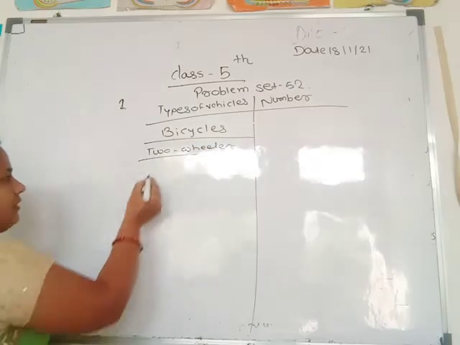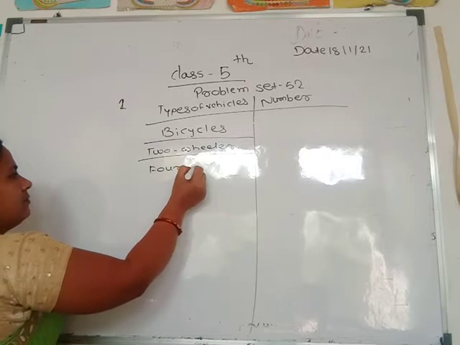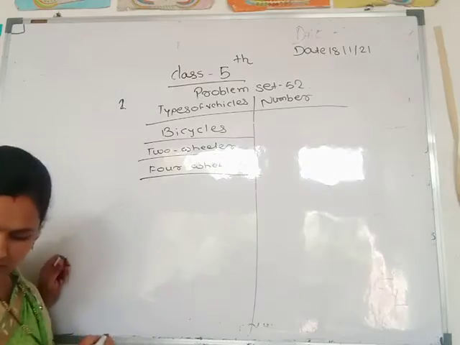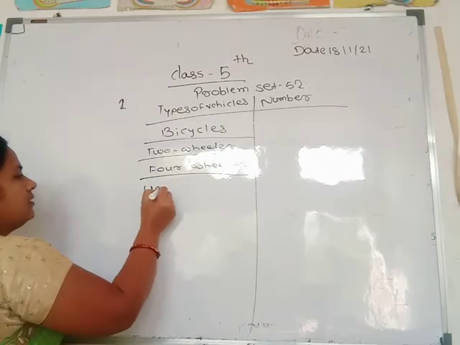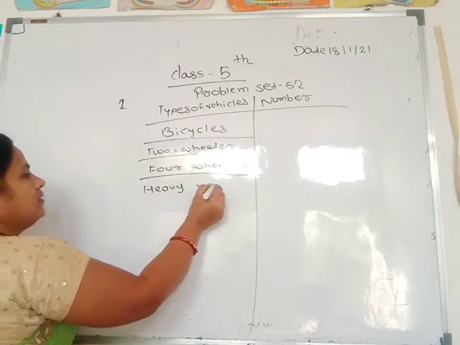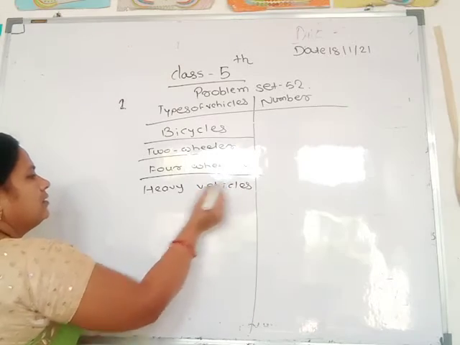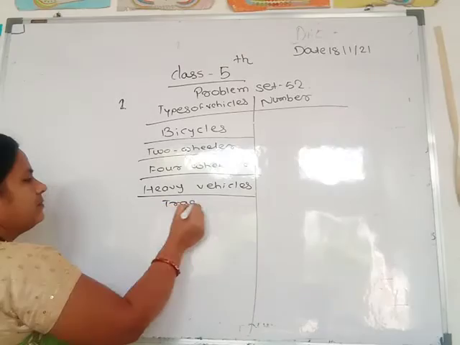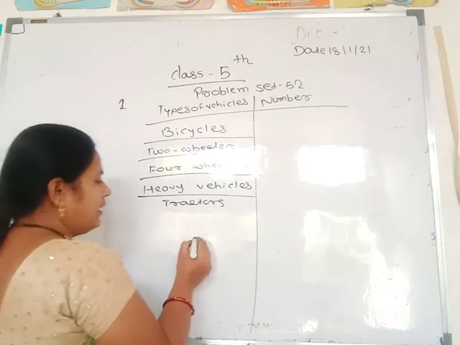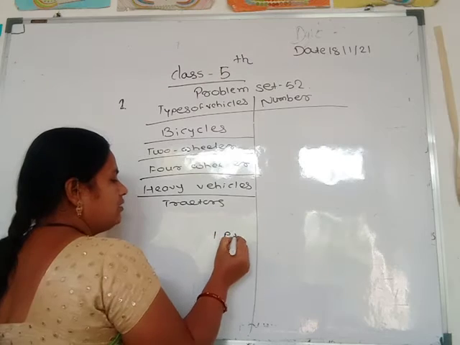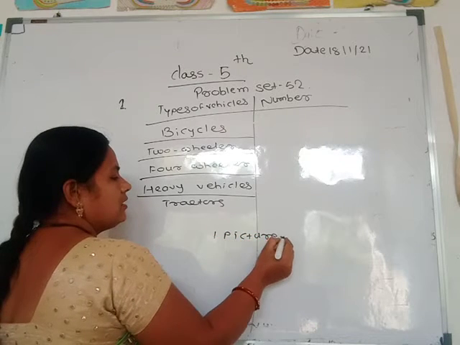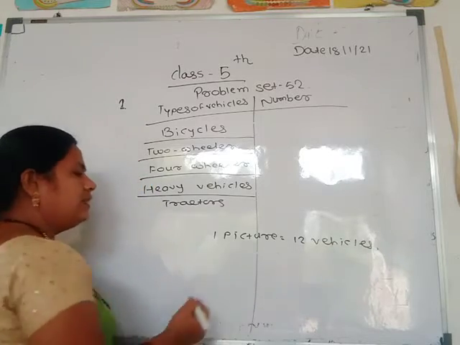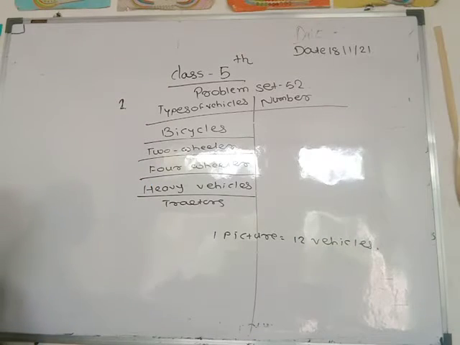Then four-wheeler. Then heavy vehicles. Then tractors. Then you write here scale. One picture is equal to 12 vehicles. Firstly write here scale. One picture is equal to 12 vehicles.